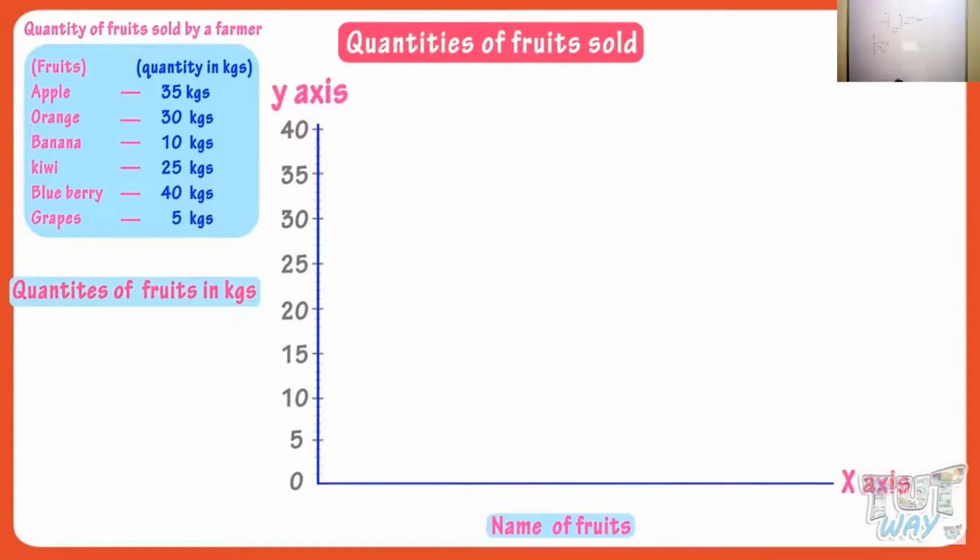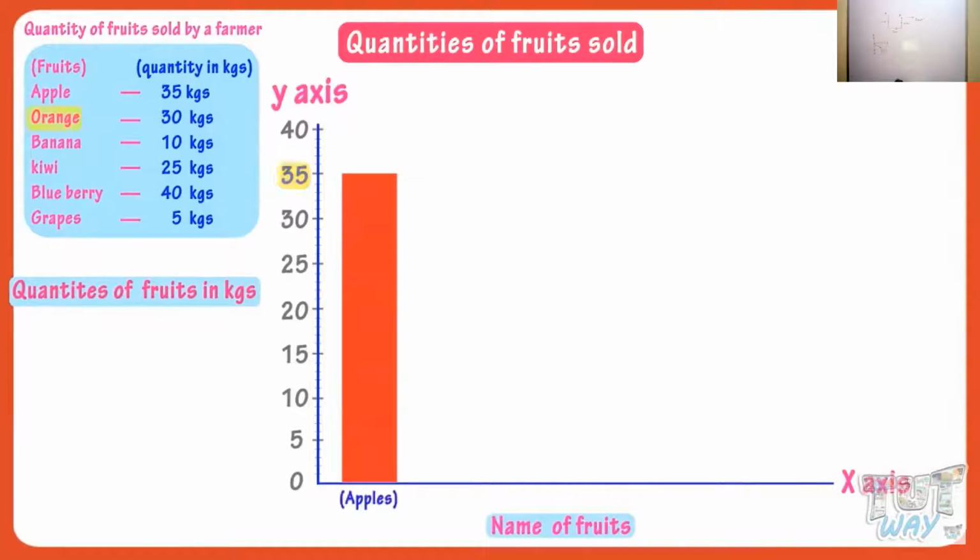So make a scale showing numbers 1 to 40. Now, on x-axis, we will show the names of fruits, and we'll also relate them to their quantity. Like it's given that 35 kgs of apples were sold. So make a rectangular bar up to the mark of 35 and label it with apples.